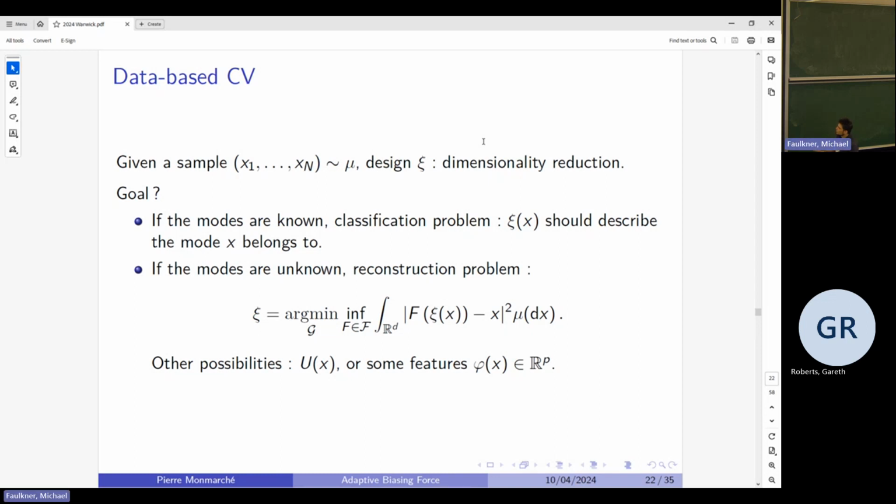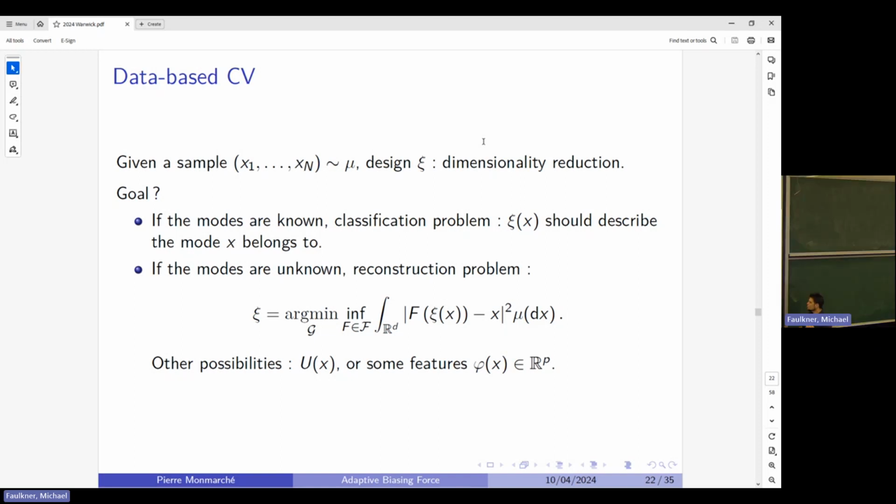Why would you try to reconstruct the energy? In fact, apart from collective variables, it's also of interest, in particular in molecular simulations, to have data-based potentials. Because the potential U in molecular simulation should be given by quantum physics.